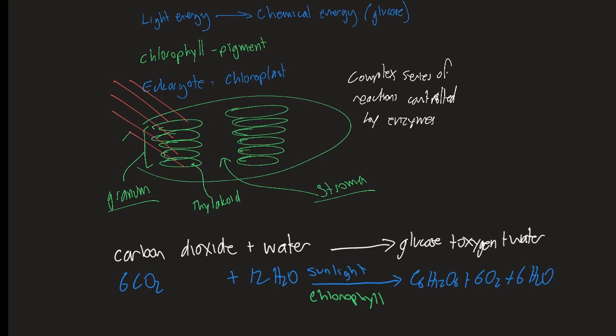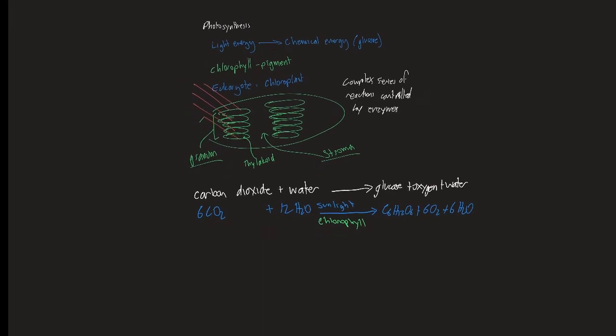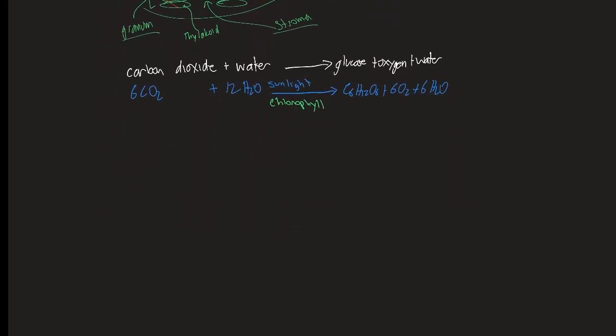Alright, now, as I mentioned, there's 2 parts to photosynthesis. The first part depends on the light, so we call that the light-dependent reaction. So we've got the 2 parts of the reaction.